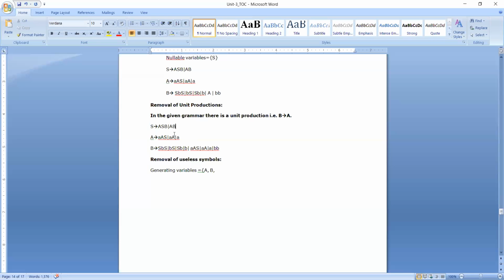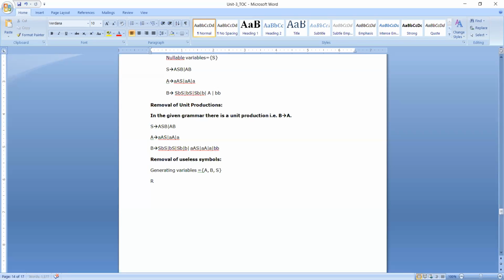How? Just substitute small a in the place of capital A, and any of the B productions like small bb or small a or small b in the place of capital B, and automatically you will get a terminal string. Now we can say that S is also a generating variable.